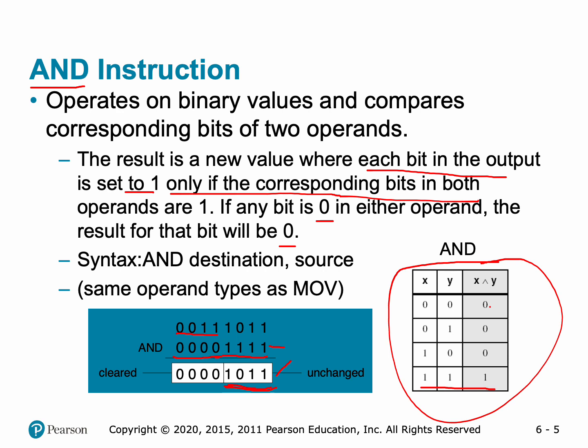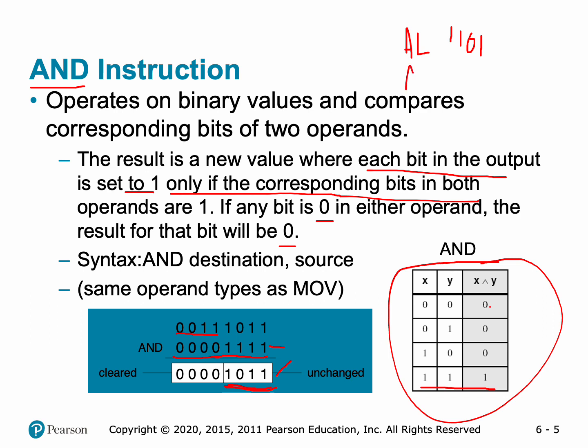So if I have 1, 1, 0, 1, okay, and then let's say that that is in a certain register. Let's say that's in register AL, for example.